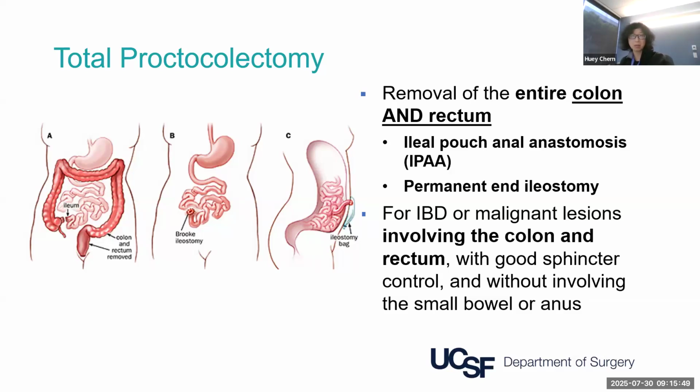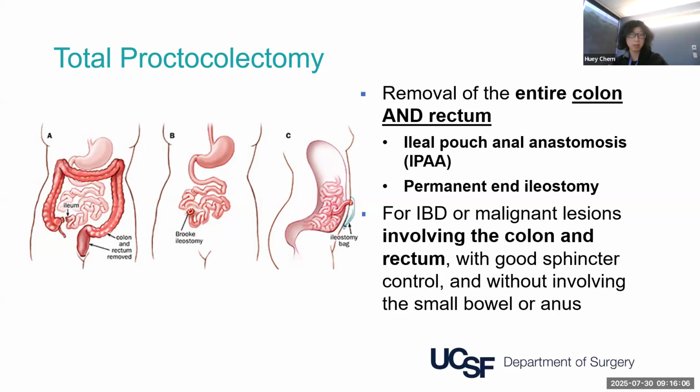And in this case, since you don't have any colon or rectum left, the only reconstruction you can do is between the small intestine and the anus. That's what we call an ileal pouch anal anastomosis.